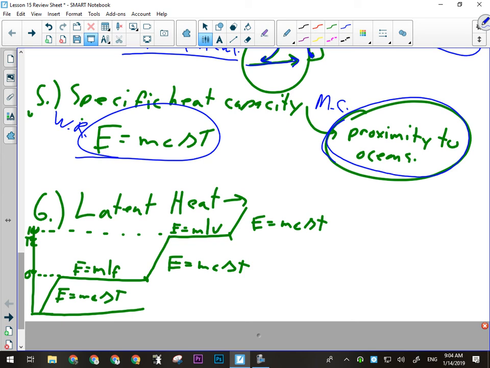So draw the heating curve of water, identify your starting and ending points, calculate the amount of energy for each step, add them together, and give me your final answer. The one on your test, I'm pretty sure I made 3 steps. Questions there?